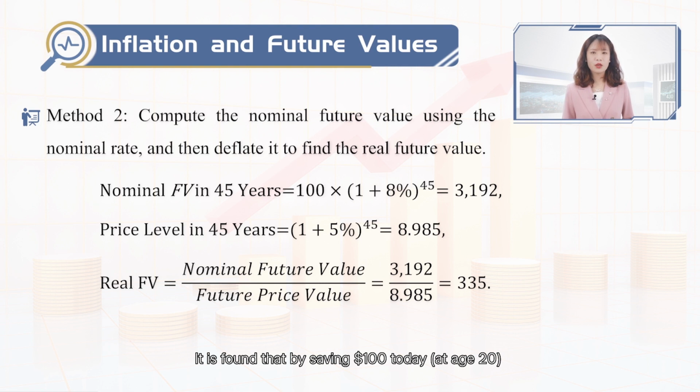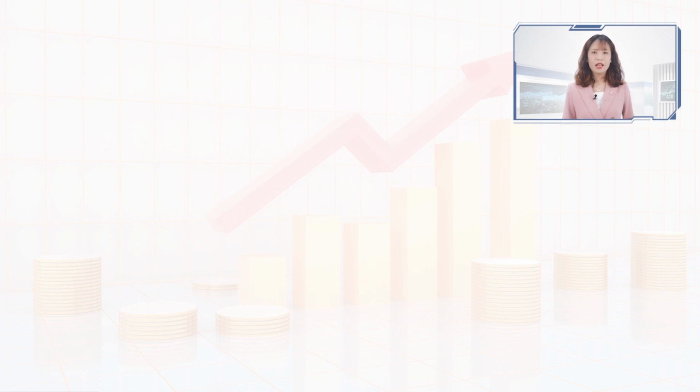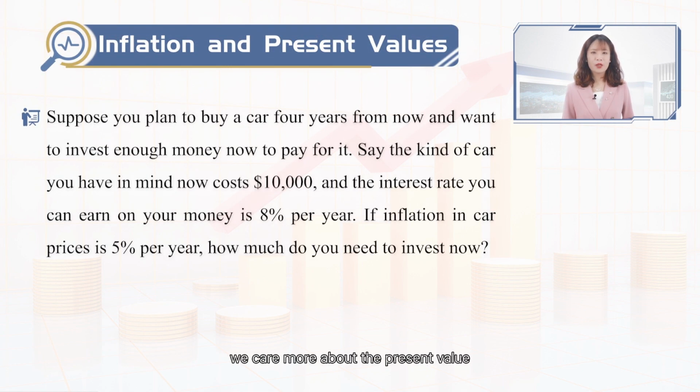It is found that by saving $100 today at age 20 and investing it for 45 years, we expect to have enough at age 65 to buy what would cost $335 at today's price. In many financial problems, we care more about the present value. For example, suppose you plan to buy a car 4 years from now and want to invest enough money now to pay for it.